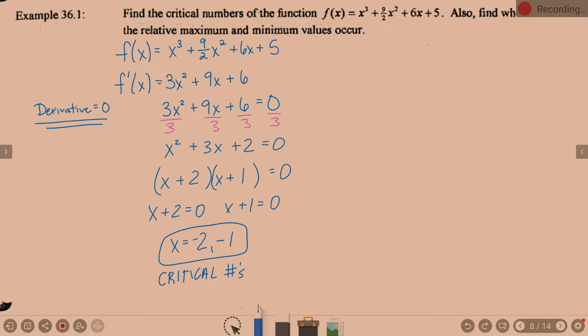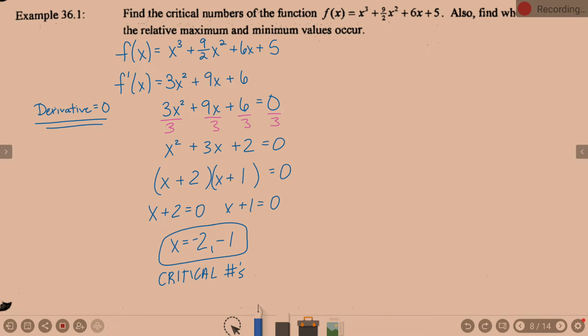Also find where the relative maximum and minimum values occur. So, these critical values, not guaranteed, but likely represent mins and maxes. Maybe both maxes, maybe both mins, min, max, something.